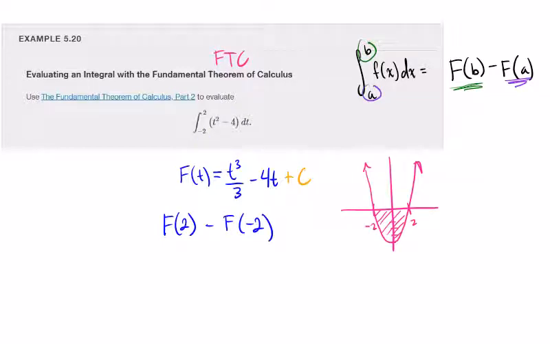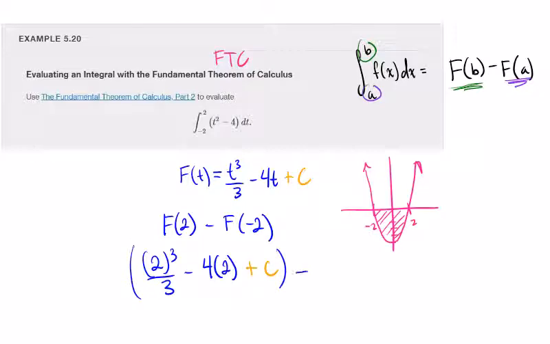F of 2: if I plug 2 into this function, I get 2 cubed over 3 minus 4 times 2, plus that constant, which I'm leaving in a different color. So that's F of b.